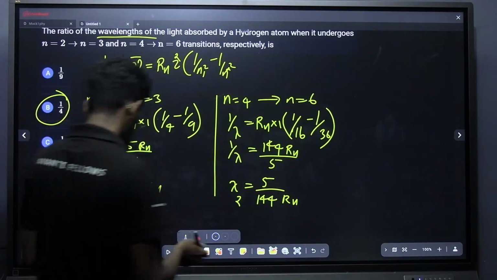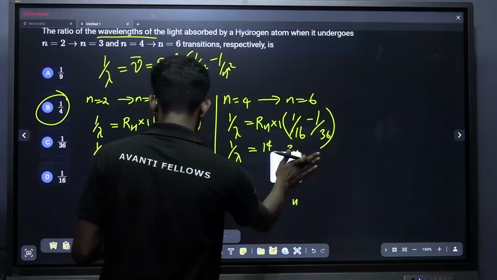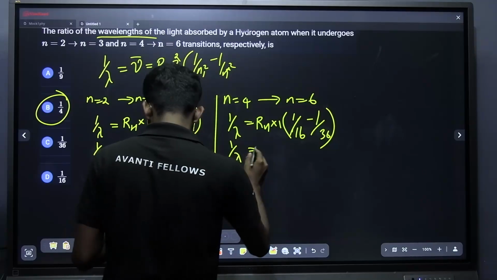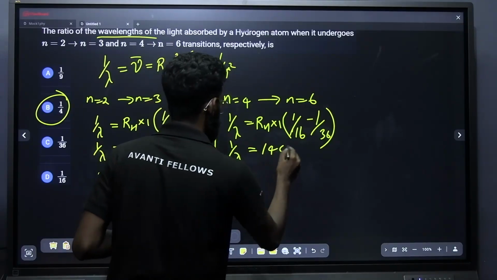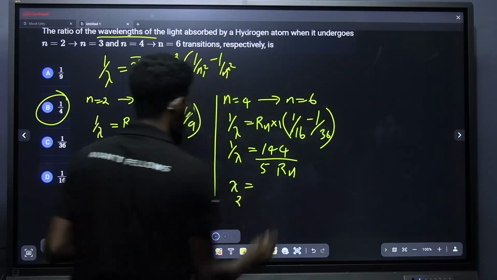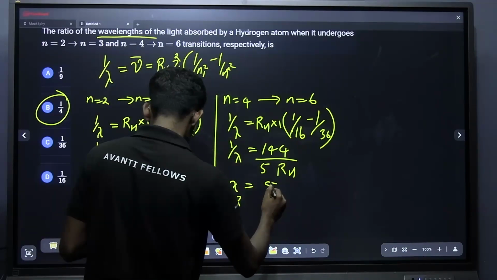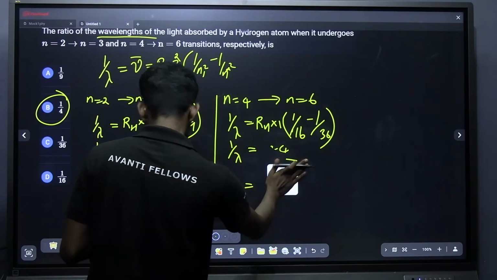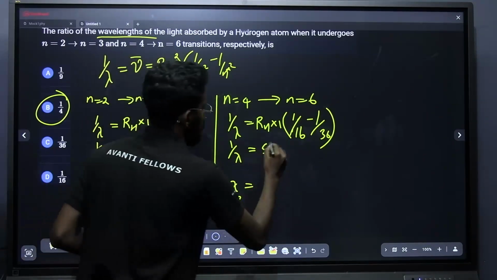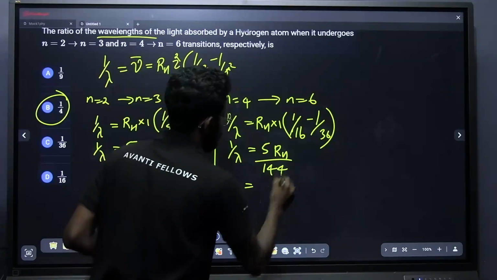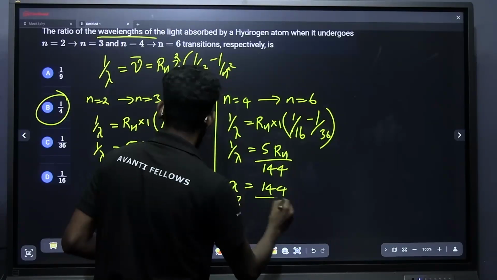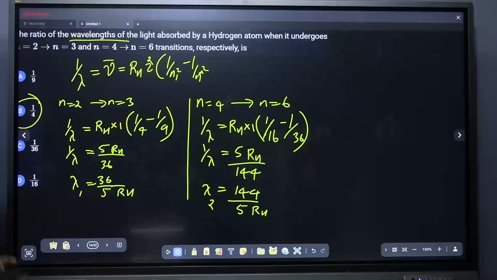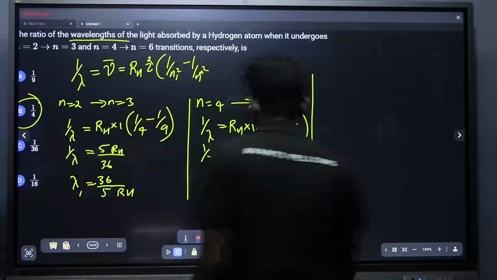The lambda 2 is not 5 by... okay, let me check it. 1 by lambda value is 5 RH divided by 144, and lambda 2 is 144 divided by 5 RH. I think this is the correct one. Sir, I am telling direct answer. Oh, you are telling about direct answer.